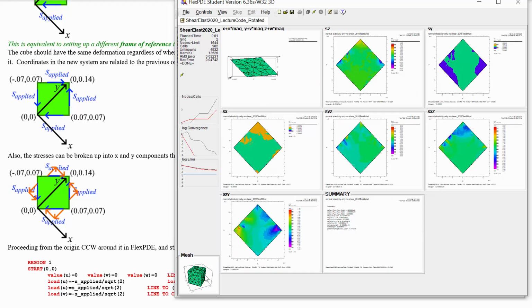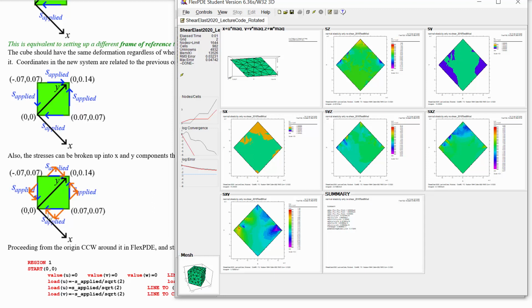What happened? Well, if you look at this setup here, what do you have? On this surface, we've got some axial stress in X and Y, so kind of like pushing stuff there and then there.